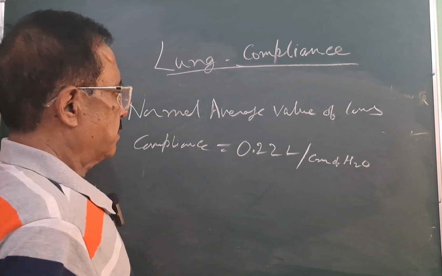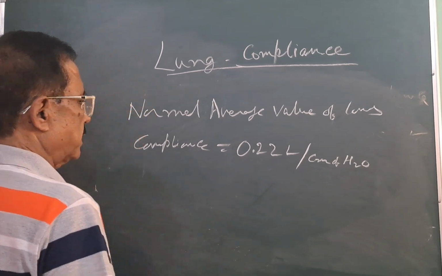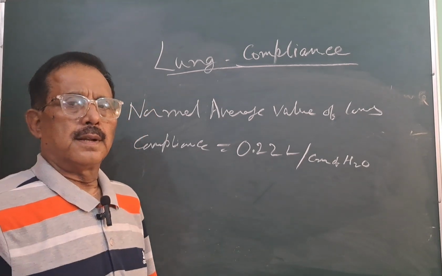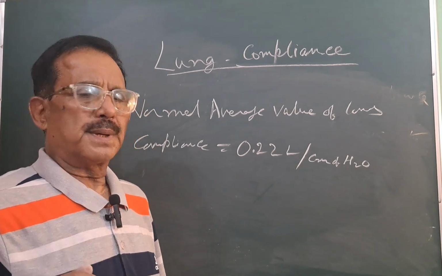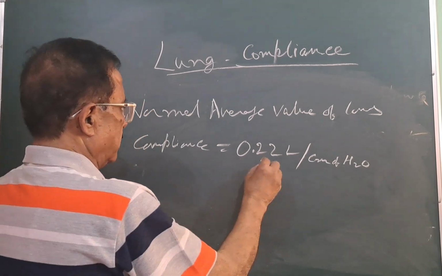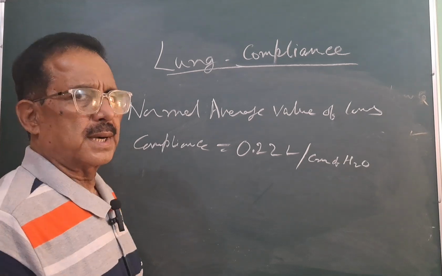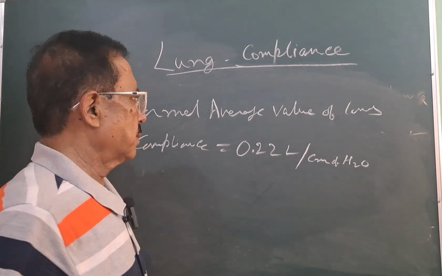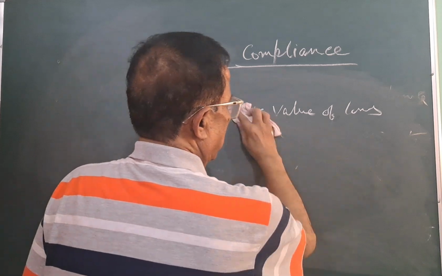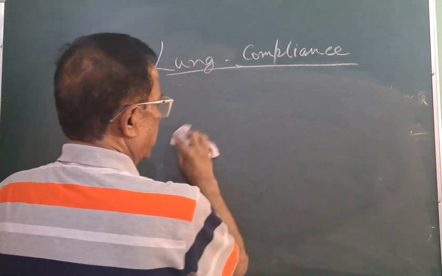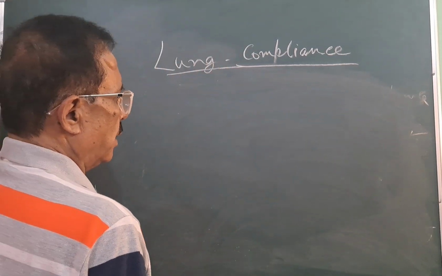Suppose a person has only one lung present, then compliance will become approximately half of the normal value.